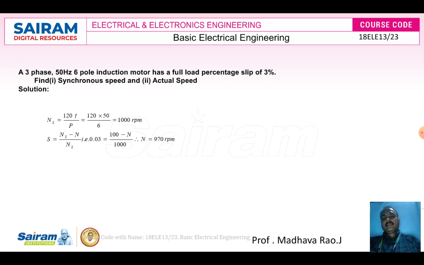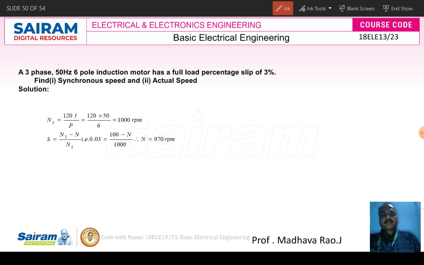Find the synchronous speed and actual speed. To find the synchronous speed, what is the formula? Ns is equal to 120 F by P, so 120 into 50 divided by the number of poles, 6. If we calculate, we will get 1000 RPM.